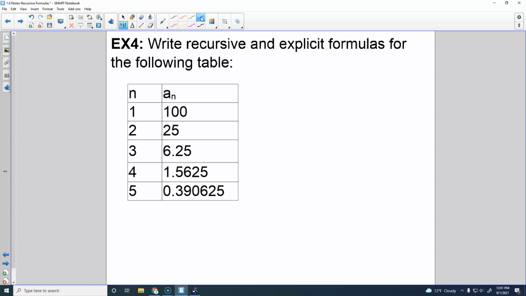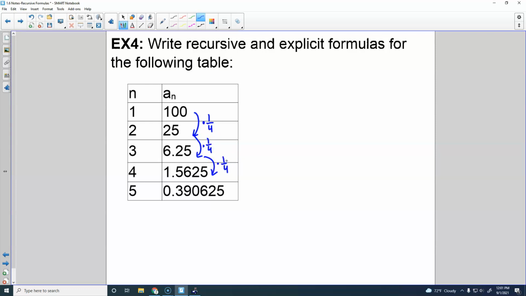Alright, so for this problem, we're supposed to write a recursive and explicit formula. So what's happening each time? I'm dividing by 4. But I said it's always multiplying. So what's the same as dividing by 4? Times 1/4. So instead of saying divided by 4, let's say it's times 1/4.